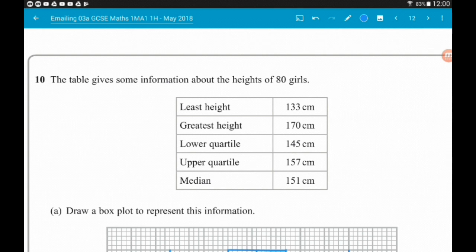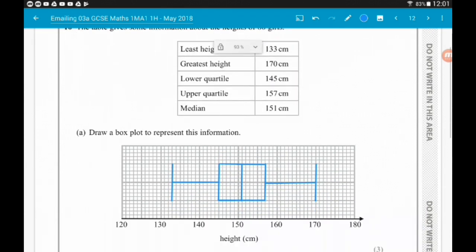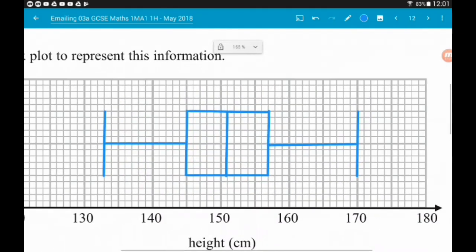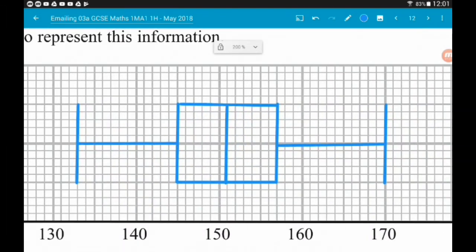Okay, question 10. So the table shows information about the heights of 80 girls. So we got the least height, greatest height, lower quartile, upper quartile, and the median. They want us to draw a box plot to represent this information. So, in box plot, it will look something like this. So, let me walk you through it.